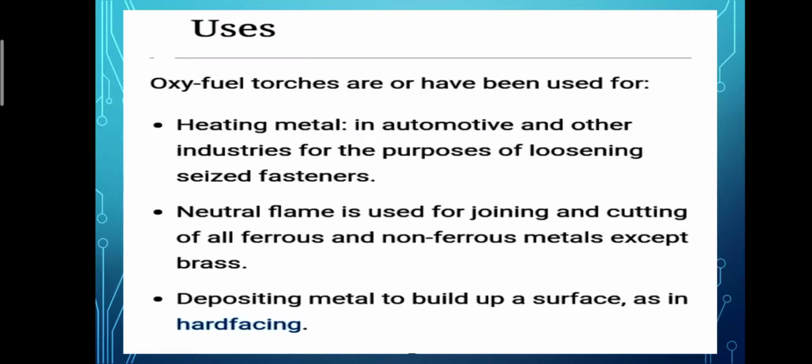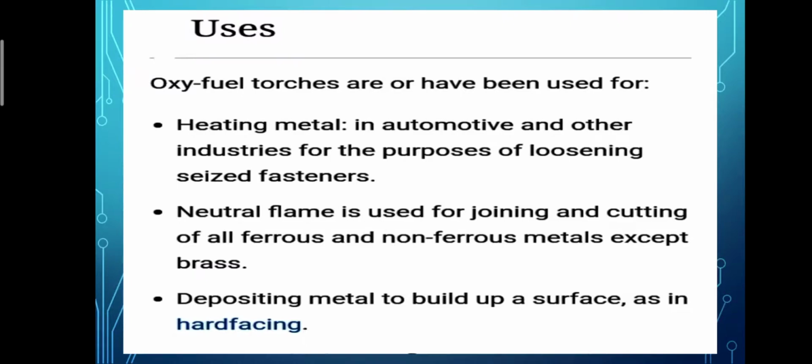Uses of oxyacetylene flame. Oxy-fuel torches are or have been used for number 1, heating metal in automotive and other industries for the purpose of loosening seized fasteners. Number 2, neutral flame.